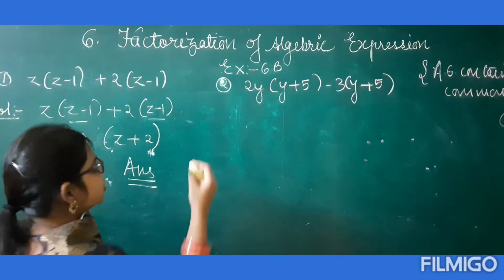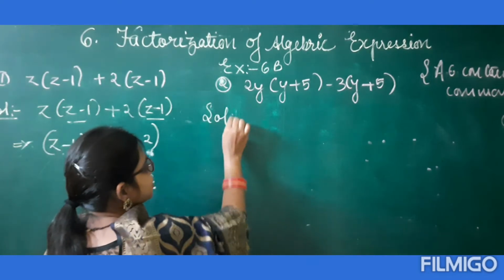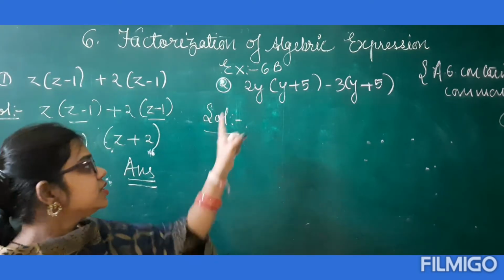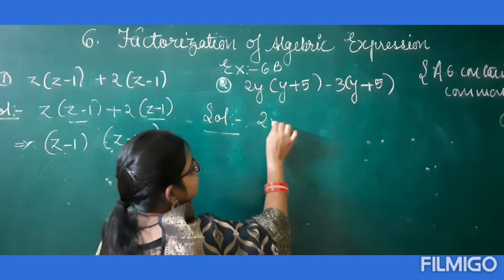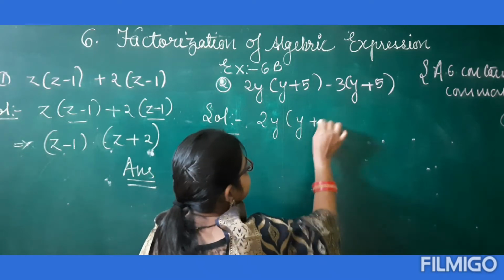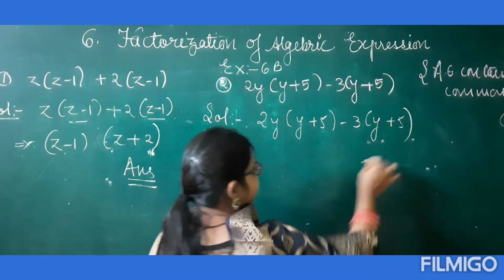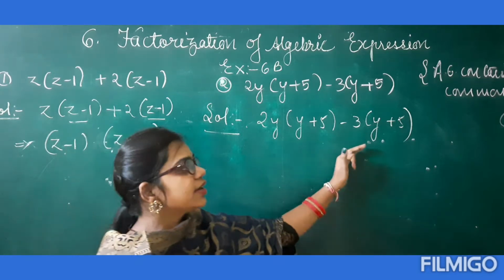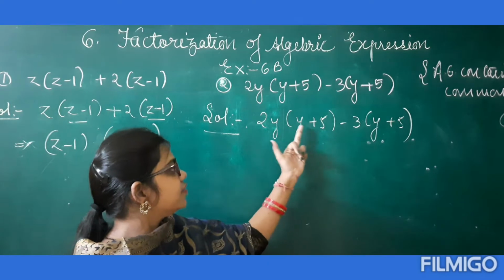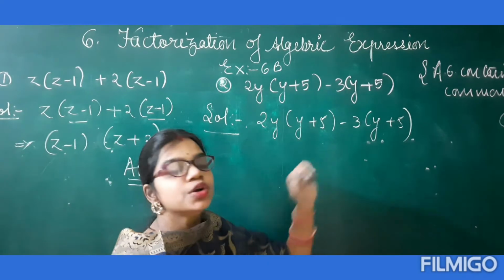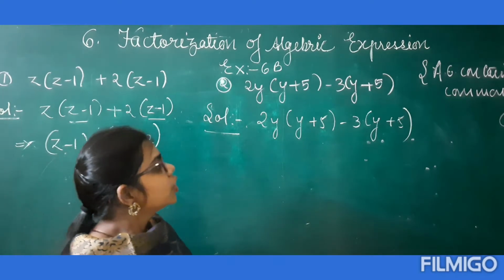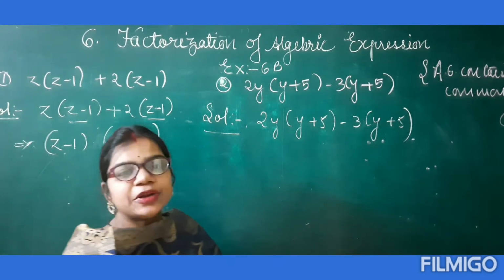Similarly in the second question also, just see what the question is. The question given to you is 2y plus 5 minus 3 times y plus 5. From both the terms you just check what is common. From here you can see y plus 5 is common, and here also y plus 5 is common. So these are the common binomial factor.